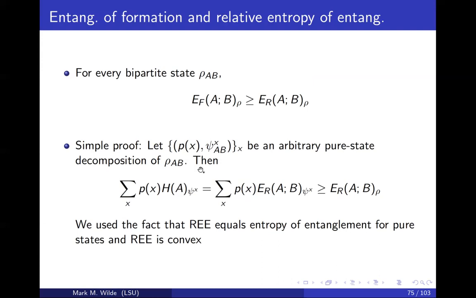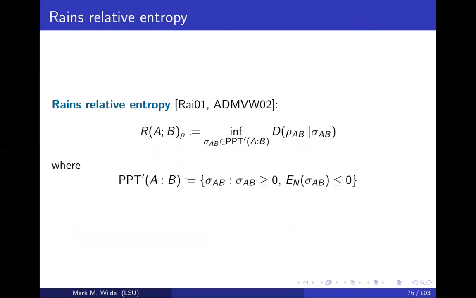That's something we're just going to assume. And then use the fact that relative entropy of entanglement is convex. So then you can bring the sum inside. This inequality holds for all possible pure state decompositions. So then it implies this inequality at the top. So that's an interesting little mathematical proof if you're into that.